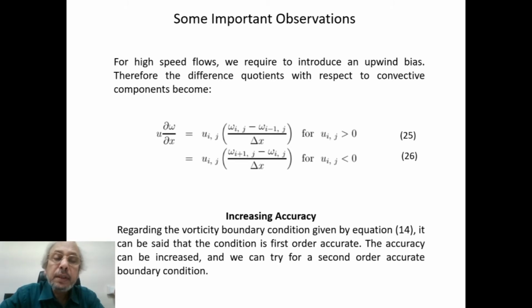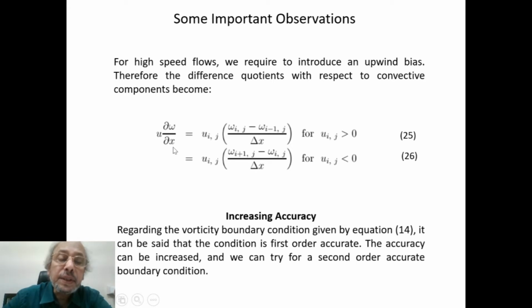Now, the first point that I would like to mention: if we try to model high-speed flows, high Reynolds number flows, that is, convection dominated flows, then obviously we have to go for upwinding. I will take a representative convective term, u del omega del x.